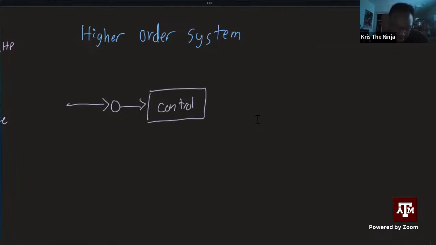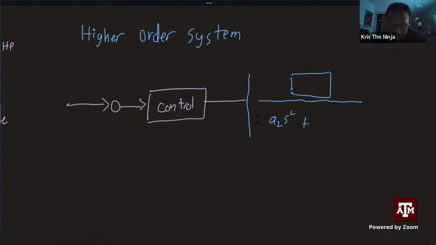That goes into a box, with some function on the top: A2 times S squared plus A1 S plus A naught.